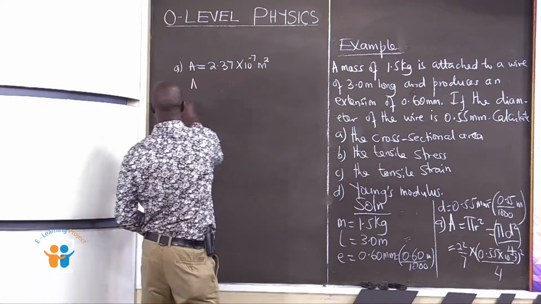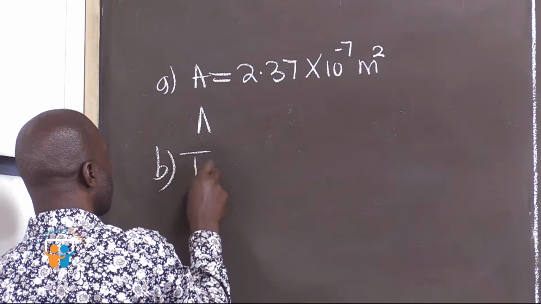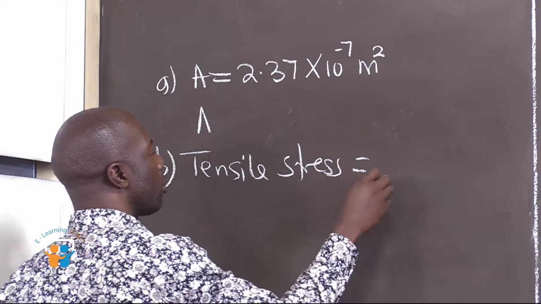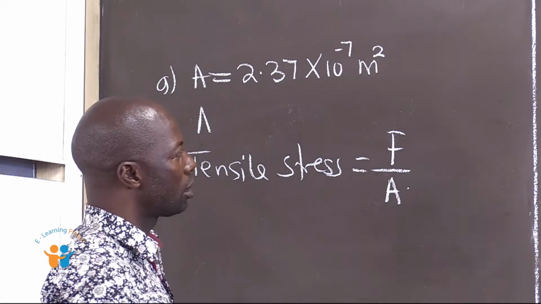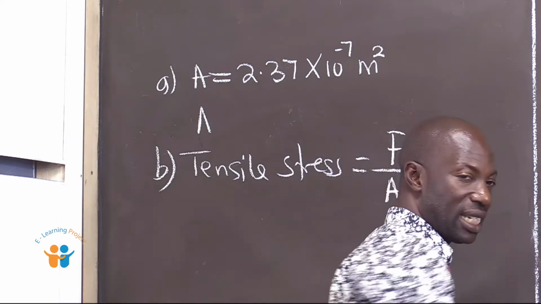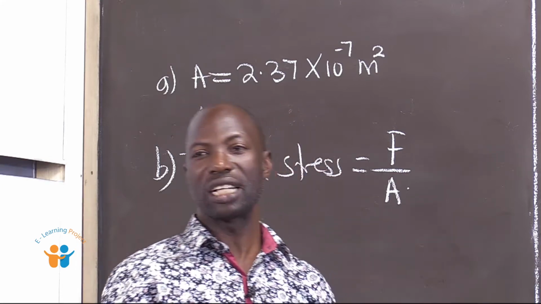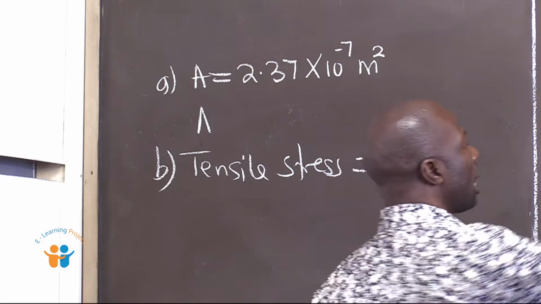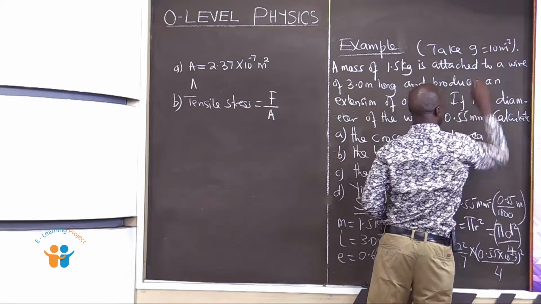So part B is asking us for tensile stress. Tensile stress, we have said, is equal to force over area. Now the force, we are given the mass, 1.5 kilograms. To change it to force, we just multiply by acceleration due to gravity. In this question, we can take G as equal to 10 meters per second squared.